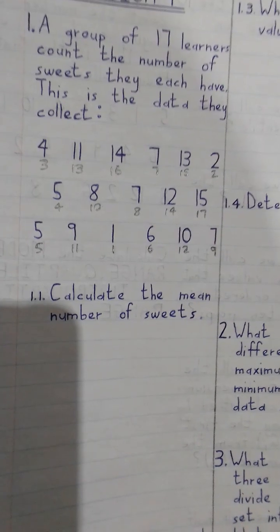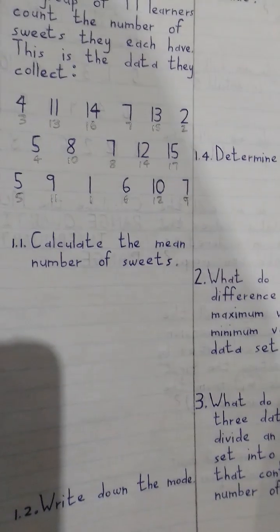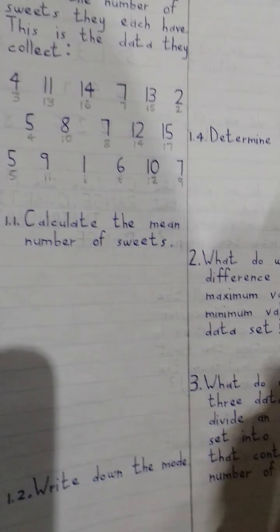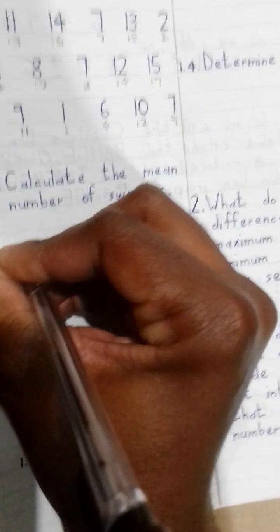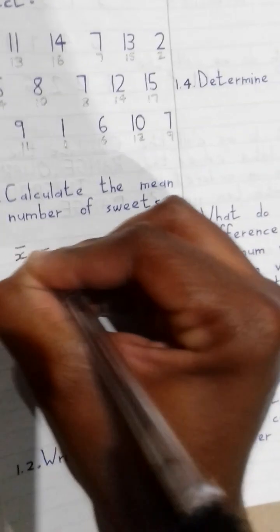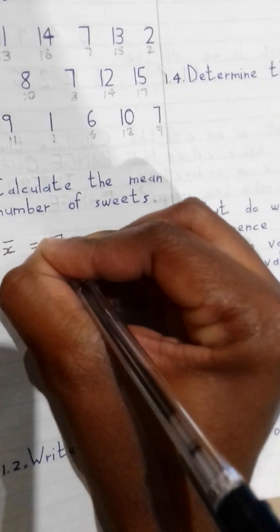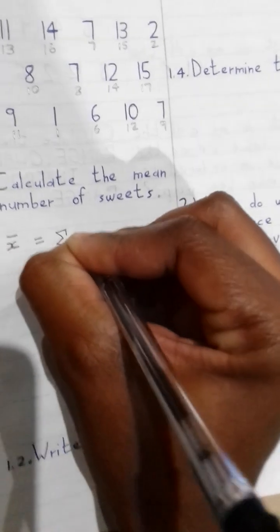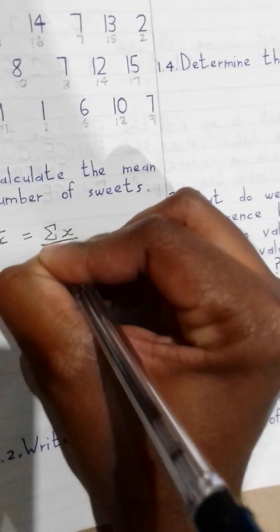So 1.1 states, calculate the mean number of sweets. N is 17, right? So you write the formula. Mean, which is x bar, is equal to the summation of x over n, right?